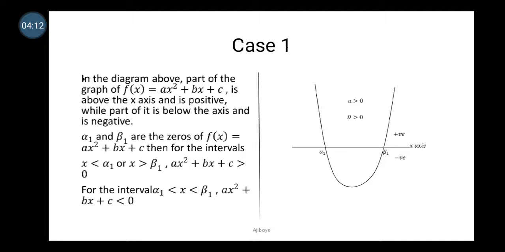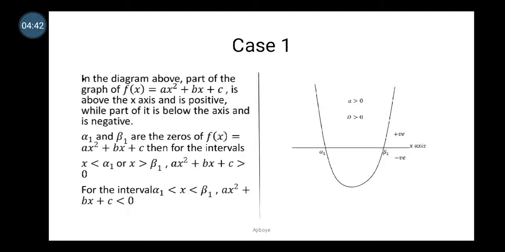In the diagram just by the side, that's a graph for f of x equals ax squared plus bx plus c. And you will know that above the x-axis is positive, below the x-axis is negative.